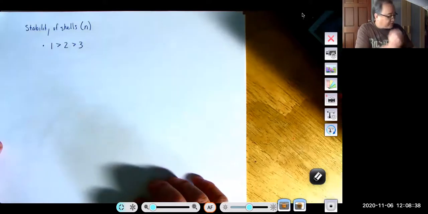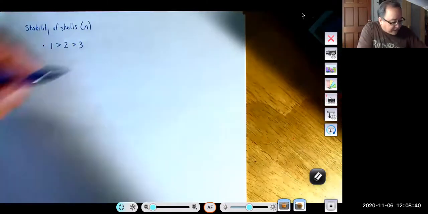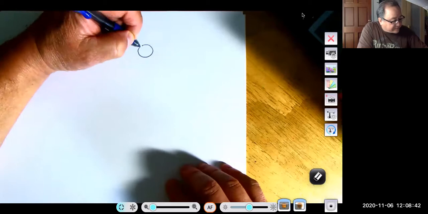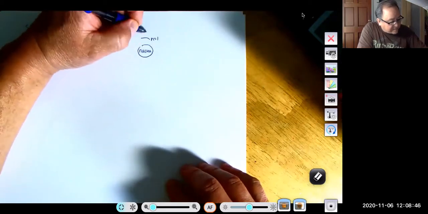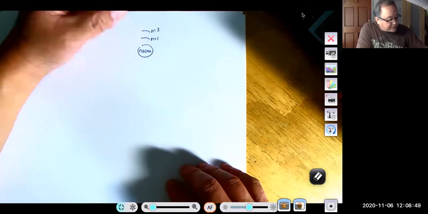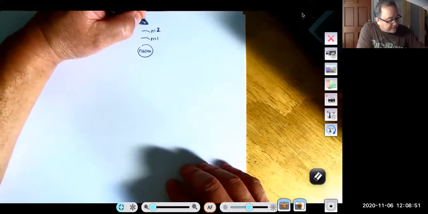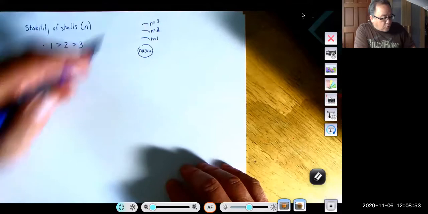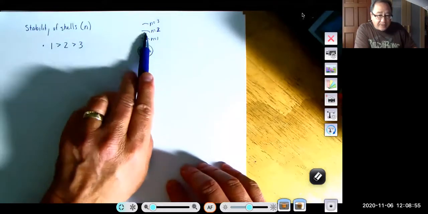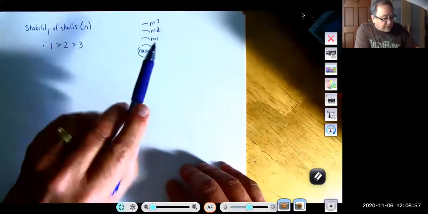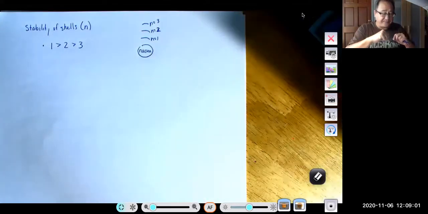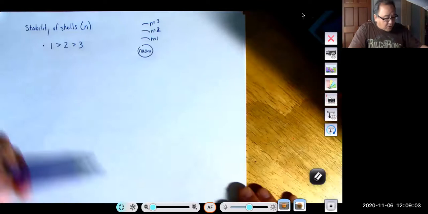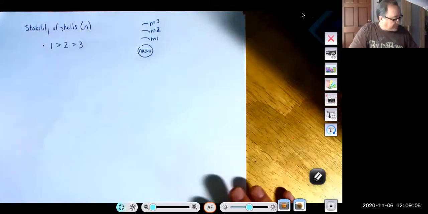The way we kind of draw those is if you have a nucleus, 1 is more stable than 2 is more stable than 3. These are not supposed to be orbits, they're supposed to be spheres, okay? But I don't want to draw a sphere, it's too hard.